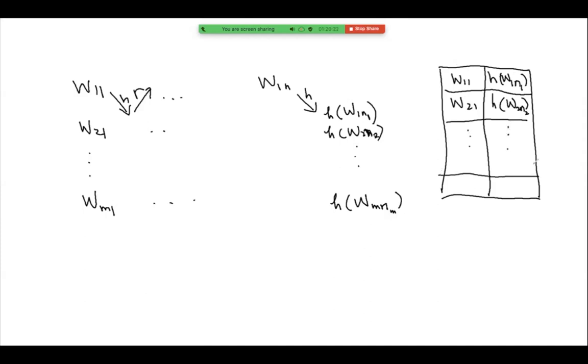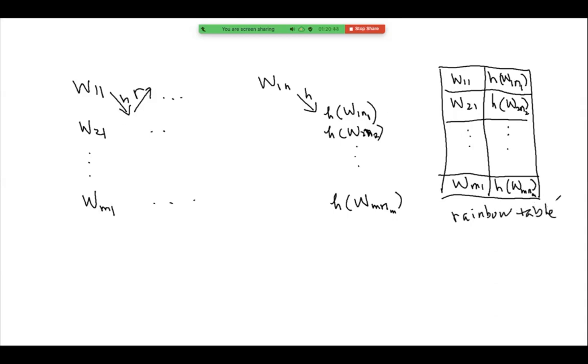So the last one, WM1, H of WMNM. So this is a rainbow table.